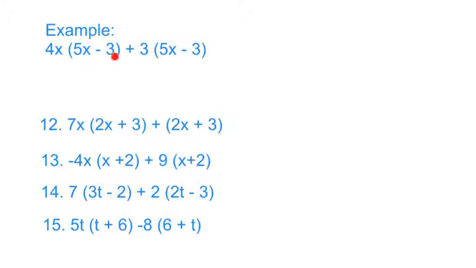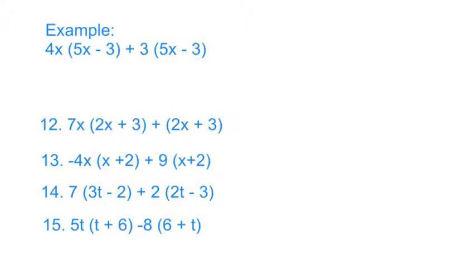Well, this whole binomial here in parentheses, that's multiplying the 4x. This whole thing in parentheses is multiplying the 3. So this is a factor of this first term, and this is a factor of the second term. This and this are both the same, aren't they? They're both 5x minus 3.